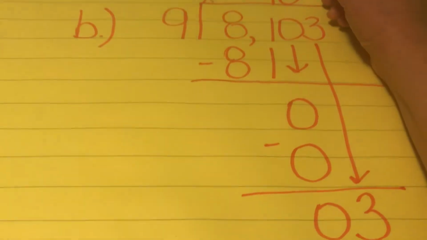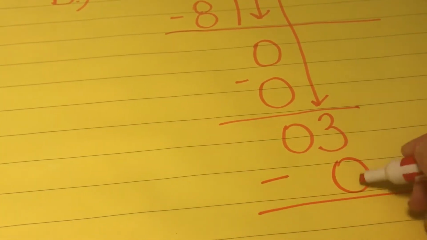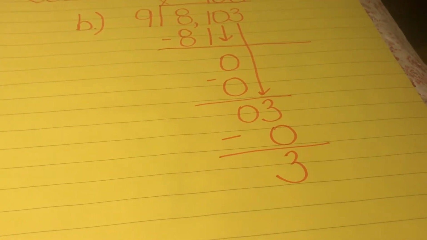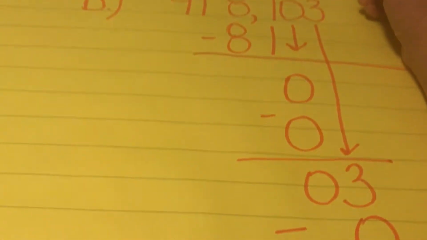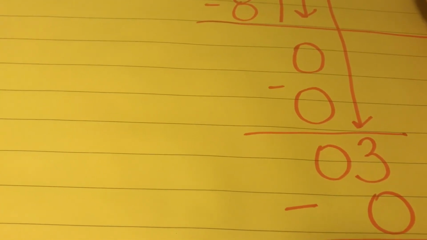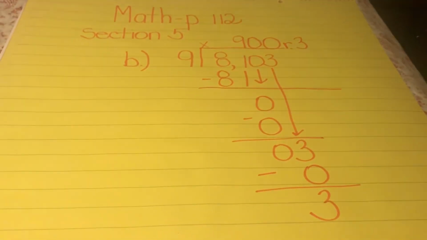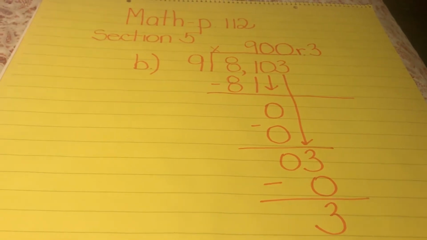So we have another 0, and 0 times 9 is 0. 3 minus 0 is 3. And we need to ask ourselves as well, what is 3? Well, 3 is left over. That becomes the remainder. Please make sure that we're putting the remainder up on top. Okay, you should be doing your checks on every single division problem.